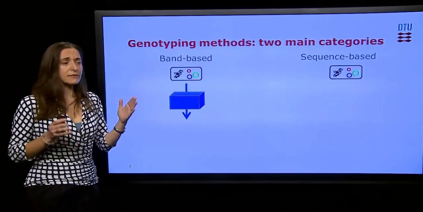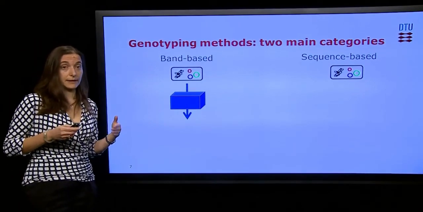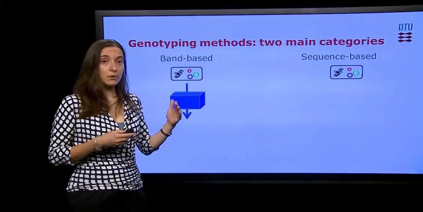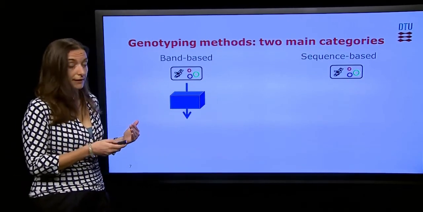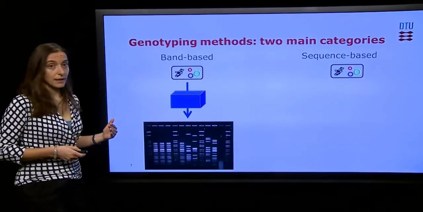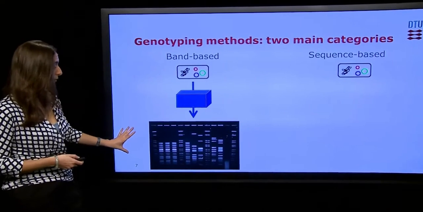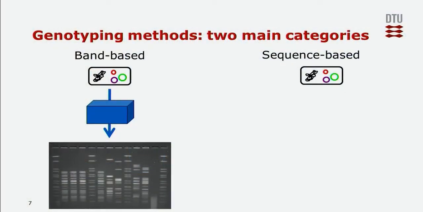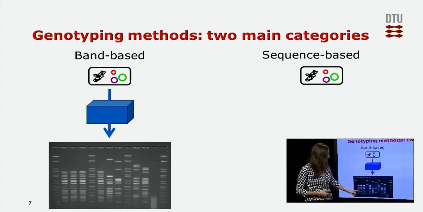sizes. And these different fragments are then run on a gel electrophoresis, and they will move across the gel based on their size. To exemplify this, I took an example of an electrophoresis gel in which each lane represents a bacterial isolate. So the DNA of one bacterial isolate is in here, of another bacterial isolate is in here.